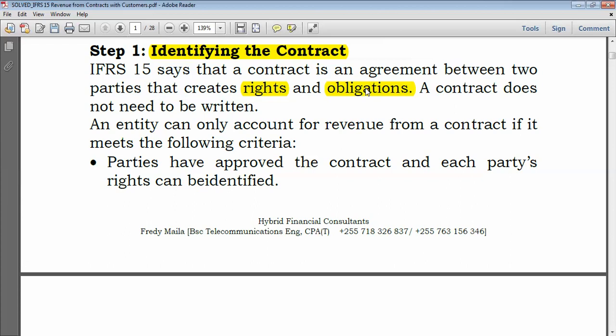Maybe we have entered into a contract to sell a computer to you. That means I have an obligation to deliver a computer, but also I have the right to receive the money. What about you? You have a right to receive a computer, but you have an obligation to deliver the money.